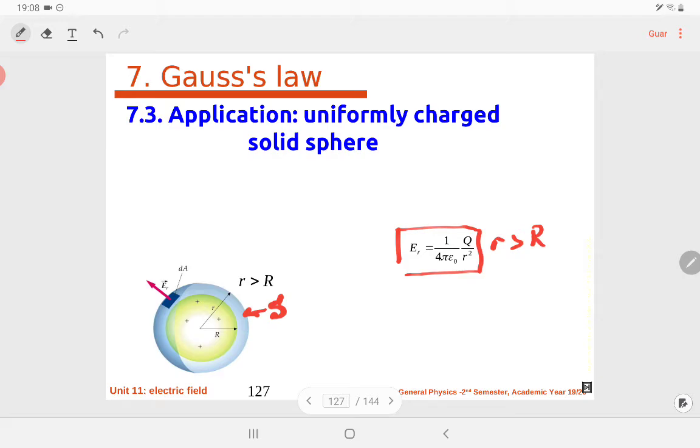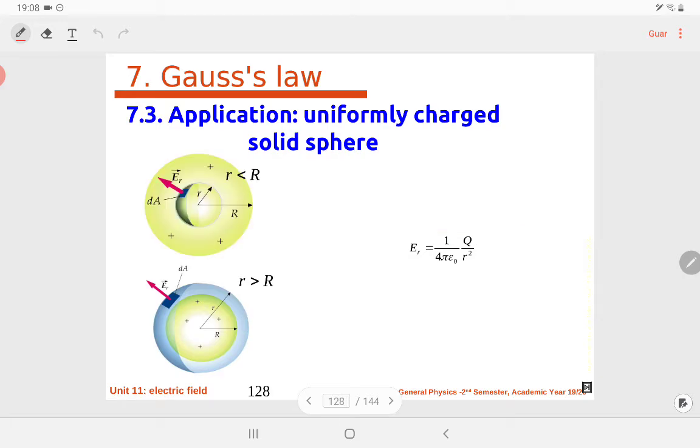Okay, so now we want to understand what is going to be the electric field inside. So this here now represents the solid sphere, and inside we have to define what is going to be the best surface where to apply Gauss's law. And again, the symmetry is radial, so again the best surface is going to be a spherical shell, which is provided by this inner shell here.